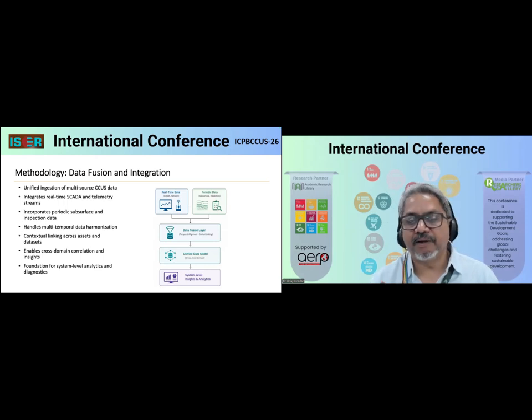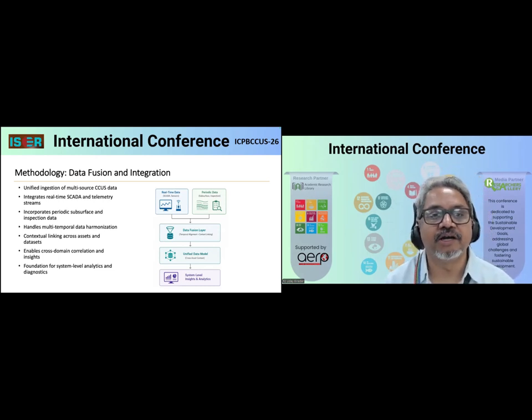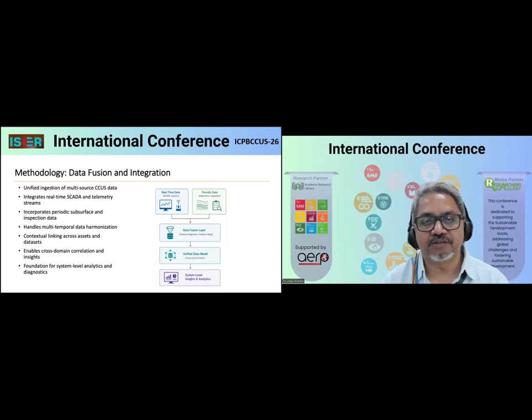Spending a little bit of time on the data fusion and integration, we spoke about real-time data, which is SCADA systems or different servers that we can connect to for monitoring data from sensors. And then there is subsurface and inspection data, which could be once every inspection or once every period, right? So overall, due to this diverse frequency of data capture, it might actually lead to non-coherent analytics.